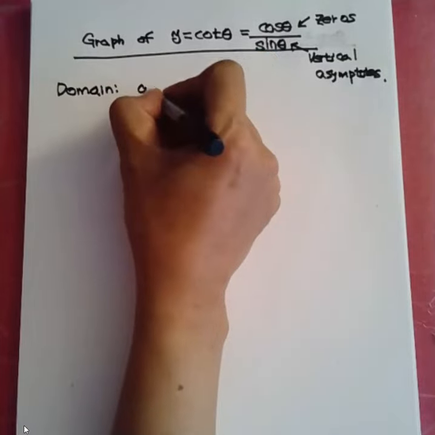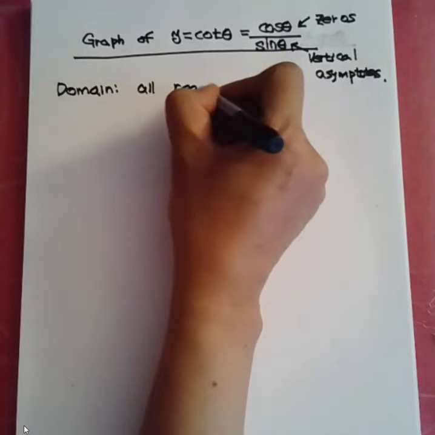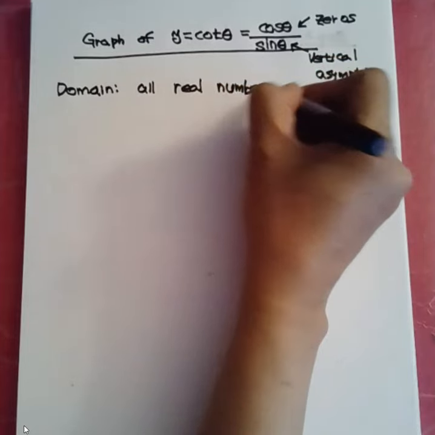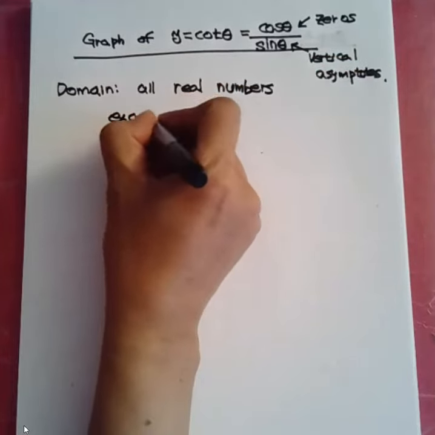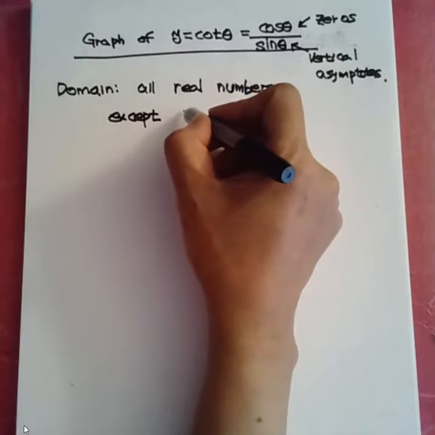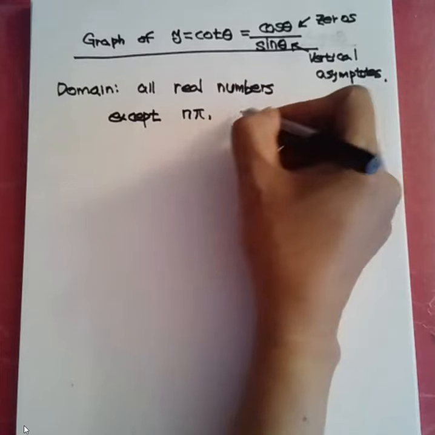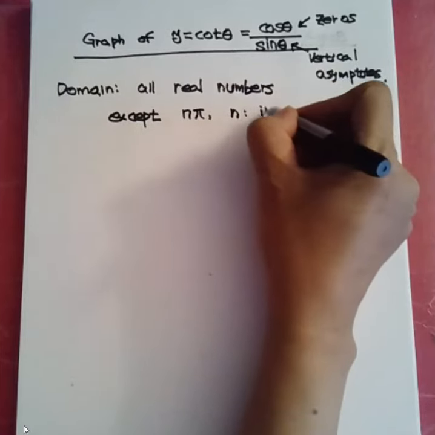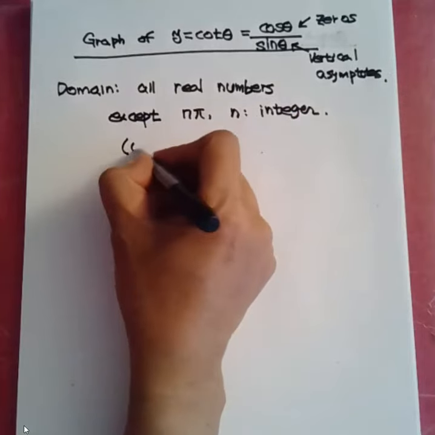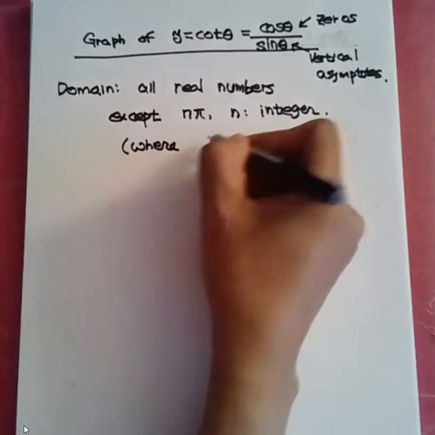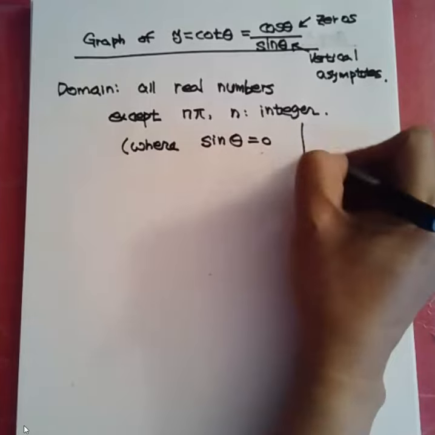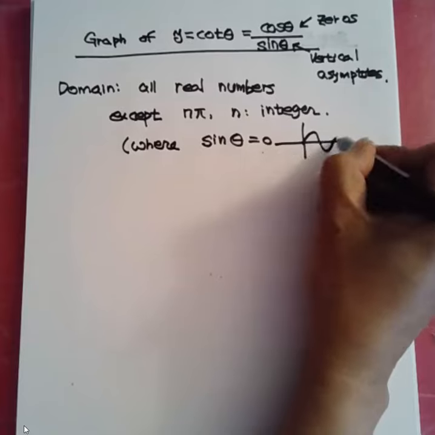So domain is all real numbers except when sine value equals 0, except n times pi, n is an integer, where sine of theta becomes 0. So you just imagine the graph of sine.